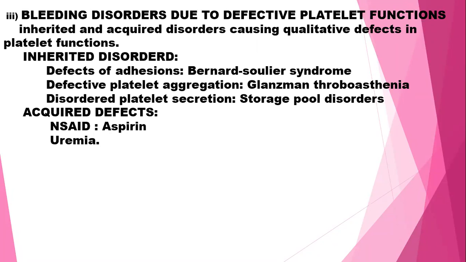The third entity is the bleeding disorders due to defective platelet functions. The number of platelets is normal, but the function of platelets is reduced. This could be inherited or acquired. These disorders are caused by qualitative defects in platelet functions.